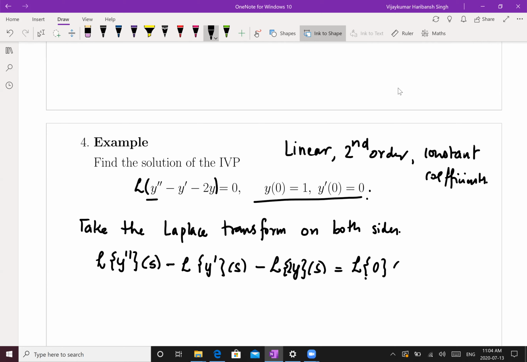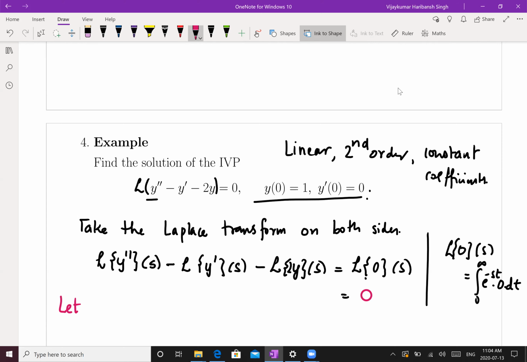So here, for the sake of brevity, let Y of s be the Laplace transform of y. This is just for the brevity of notation. So now what we'll get in this case: this part becomes s.